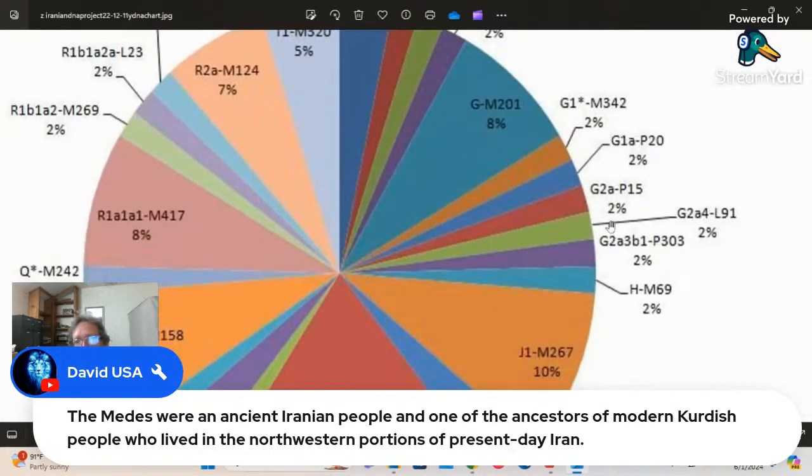More Assyrian over here. And some of these, which the Jewish population has, I think it's a G2. Some of these G2s here are in the Jewish population. I forget which one of these is actually a Judaic lineage in the Jewish population, one of these G2s.